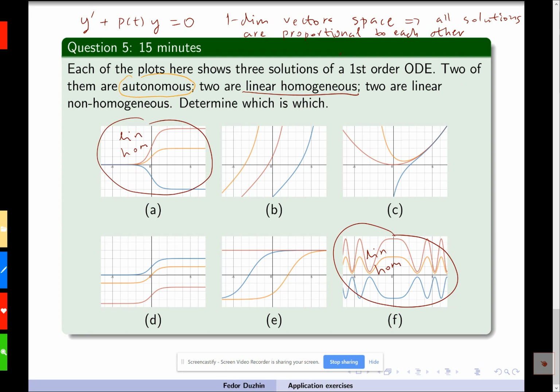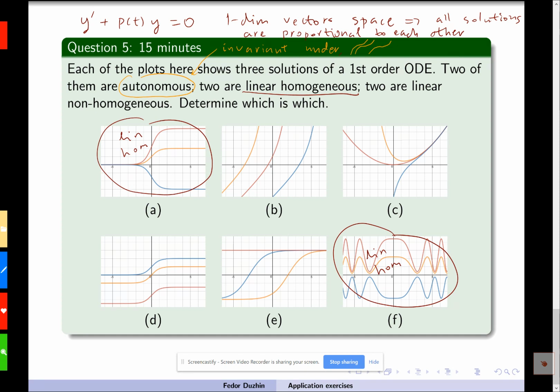So we've got to identify autonomous equations. Recall that the main property of autonomous equations is that they are invariant under horizontal translation, right? So if we have any solution, and we make a copy and move it to the right, or make a copy and move it to the left, then we get another solution.